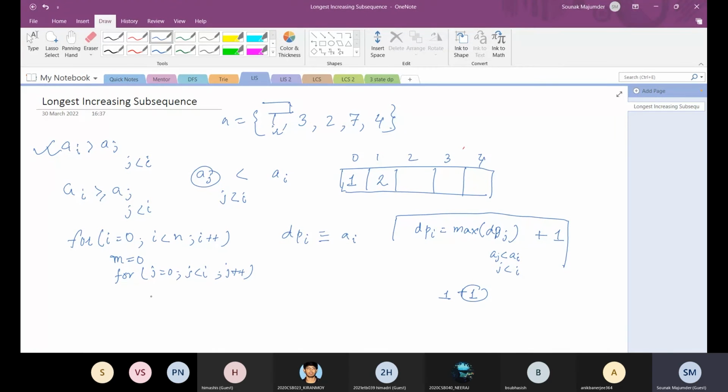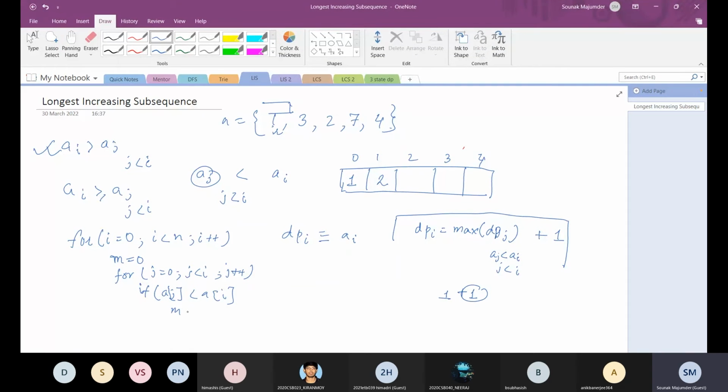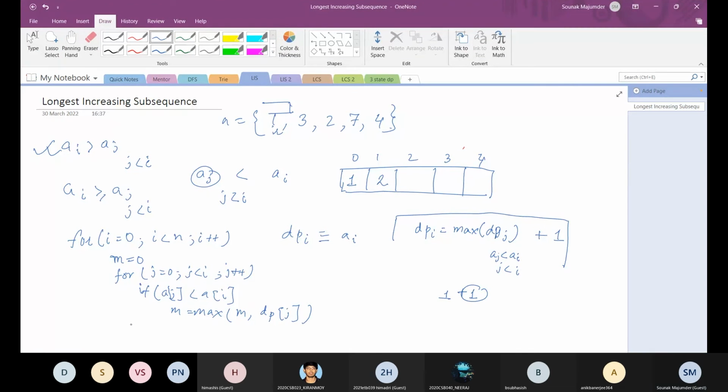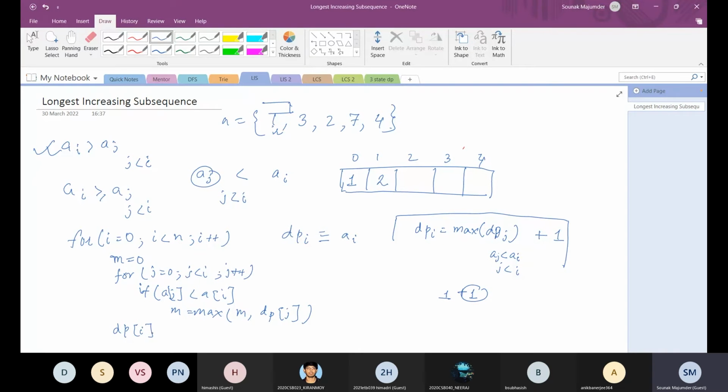Now here we have to check whether a of j is less than a of I or not. If a of j is less than a of I, m equals max of m comma dp of j. So we have got this m here. Now we will update dp of I. dp of I is equal to m plus 1.